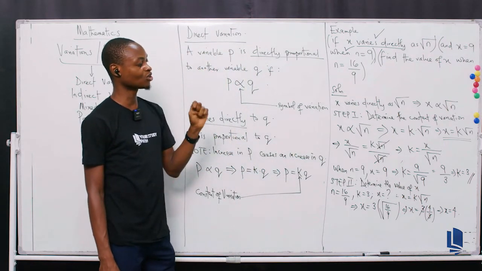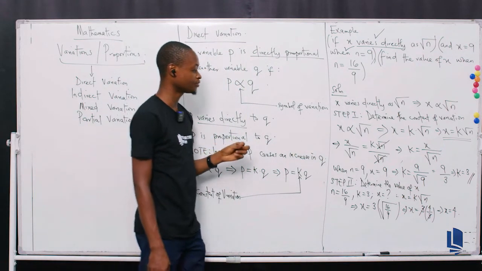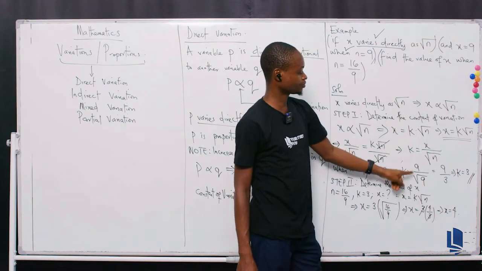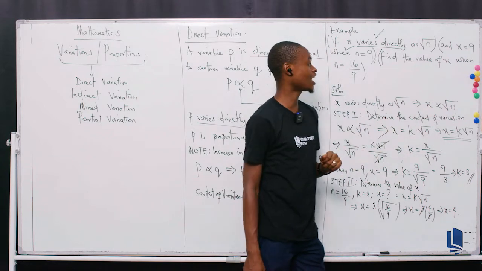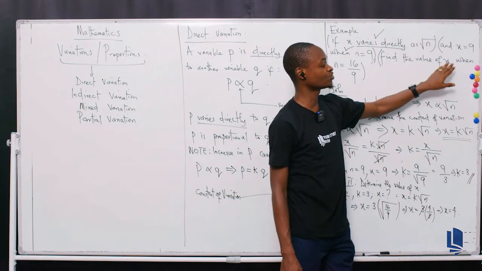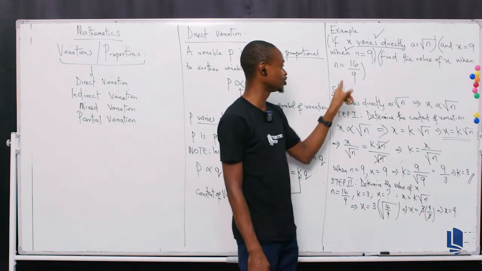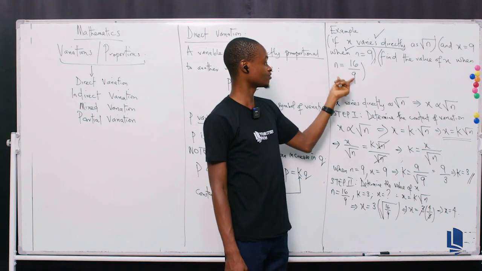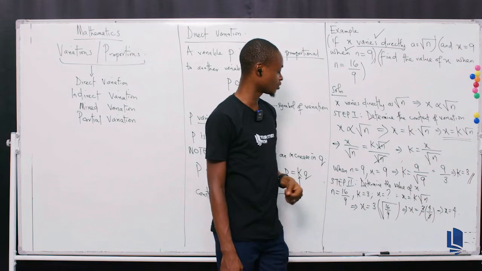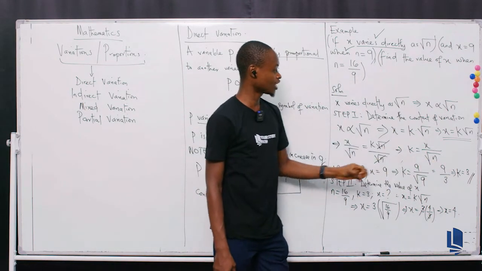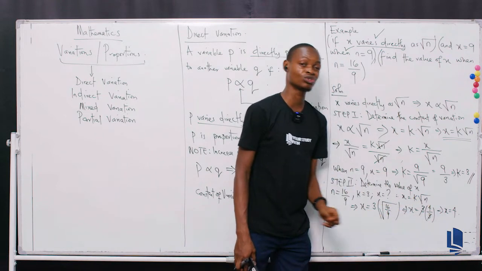Now we determine the constant of variation by making k the subject of the formula and then inputting the original values. Thereafter, we determine the unknown value from the question by putting in the new value of its opposite variable and the constant of variation we have determined. So therefore, we are able to find that x is equal to 4.